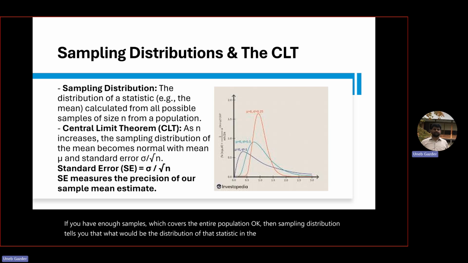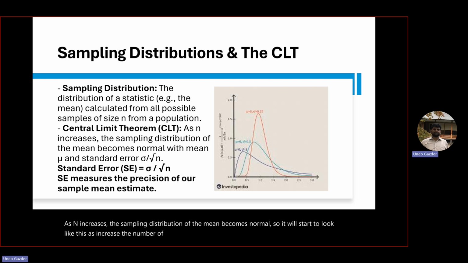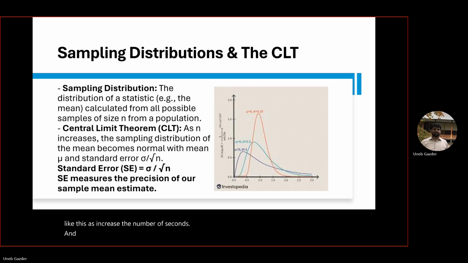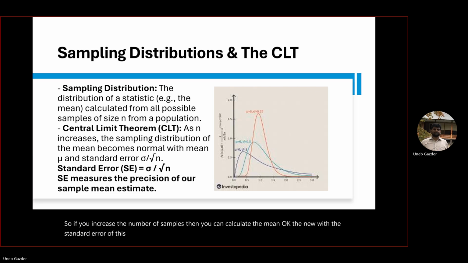Okay, the thing which I mentioned earlier about the central limit theorem: as n increases, the sampling distribution of the mean becomes normal. So it will start to look like this as you increase the number of samples. And if you increase the number of samples, then you can calculate the mean, mu, with a standard error of this much.